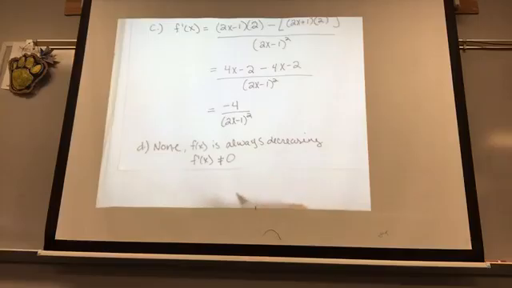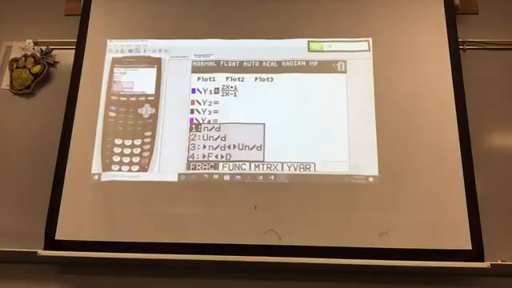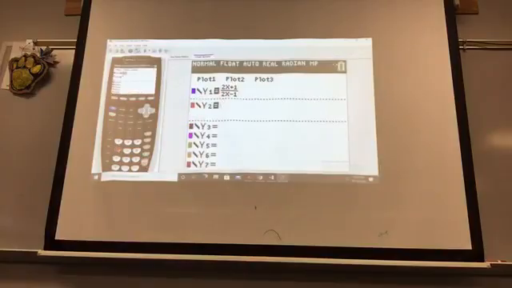So let's go look at that function, because I'm curious. Does it have zeros? So y equals, watch it, I'll put 4 over 2x, is it plus or minus?